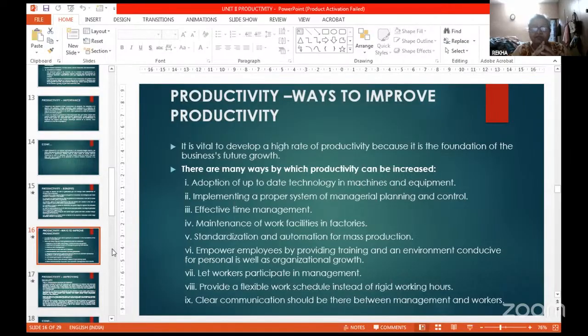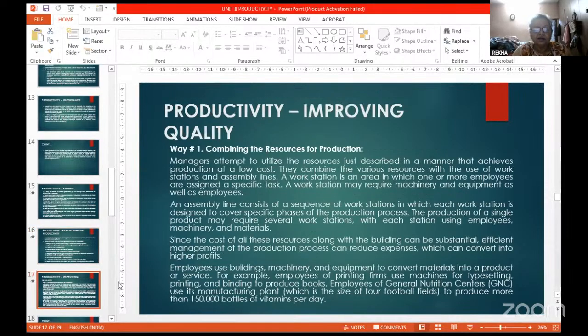As I told you, very good industrial relations are required everywhere if you want to improve productivity. Productivity does not mean just the quantity; the quality of the goods or services which you are producing should also improve.